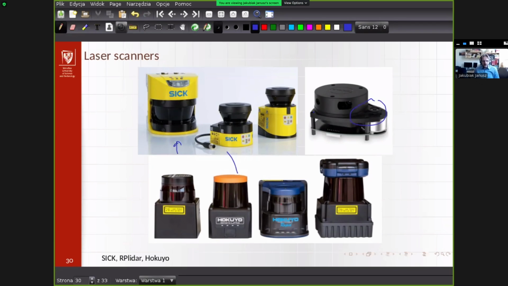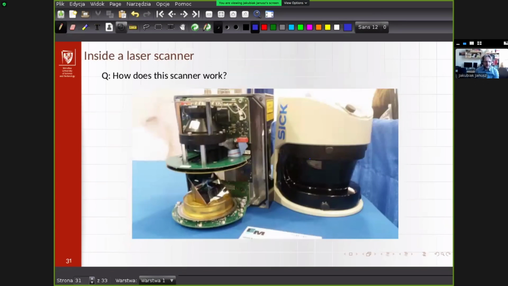Okay, but maybe looking from the outside is not that interesting. You can see it in the laboratory anyway, but it's a bit more interesting to see what's going on inside. And inside, what you have here is this laser beam transmitter, but also the measurements, that also goes in the upper part. And at the bottom part, you have a mirror that is here.